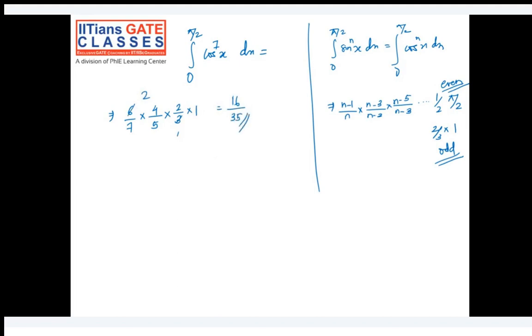Integration 0 to pi by 2 sin raised to the power 8x dx. Solve it.